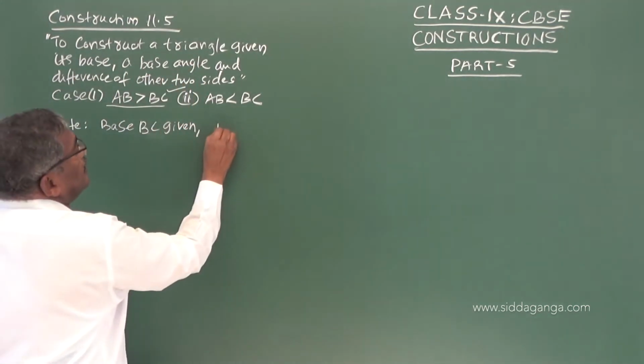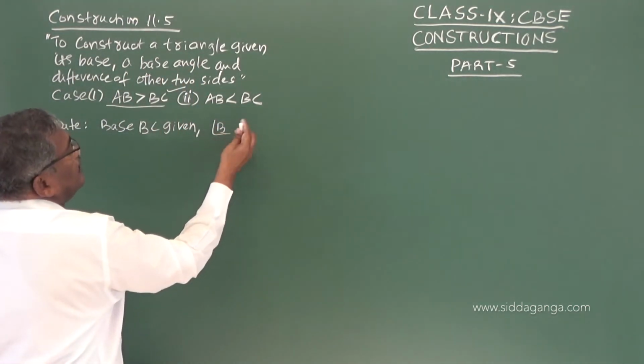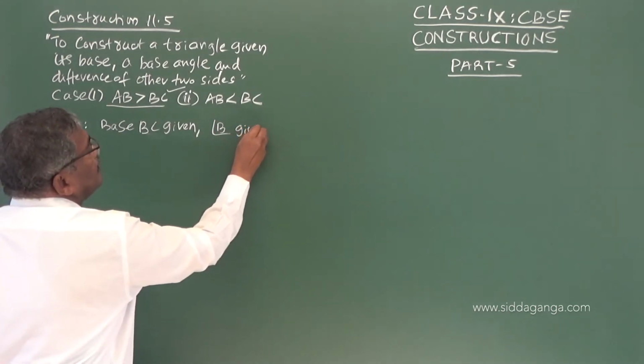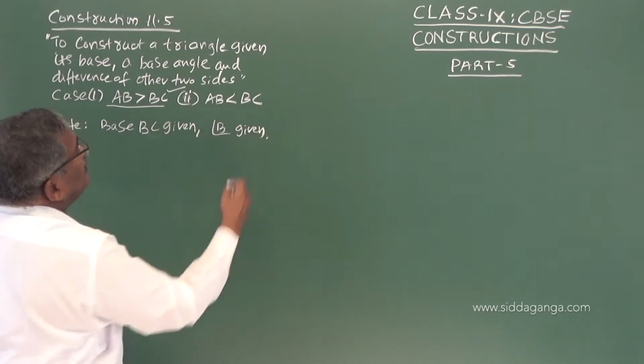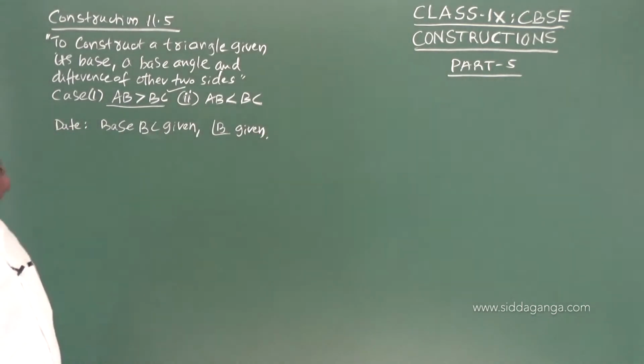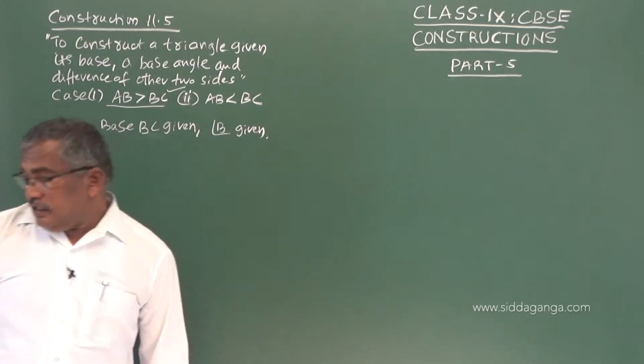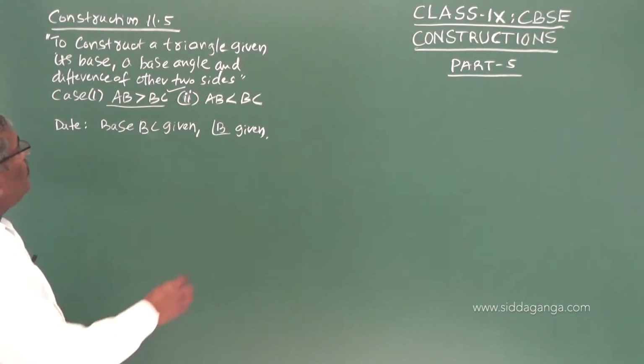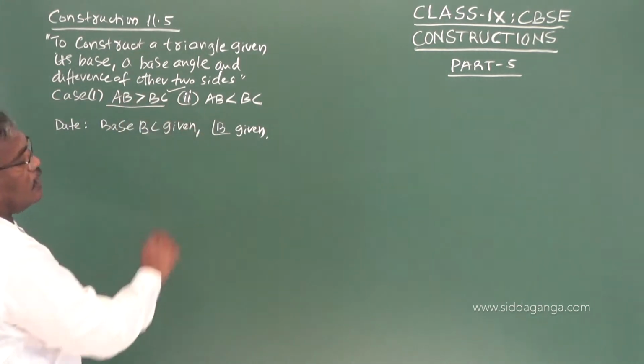Let us take it as angle B given. And the third data given is the difference between the other two sides.